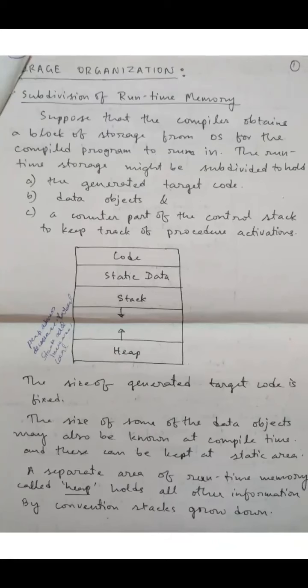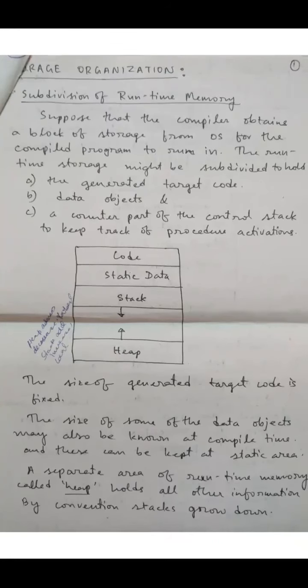Look at the sections. The sections are code, that is your actual code, or the main code, or some functions you have written inside your source code. Static data: this section especially holds the static variables you have declared inside your program.